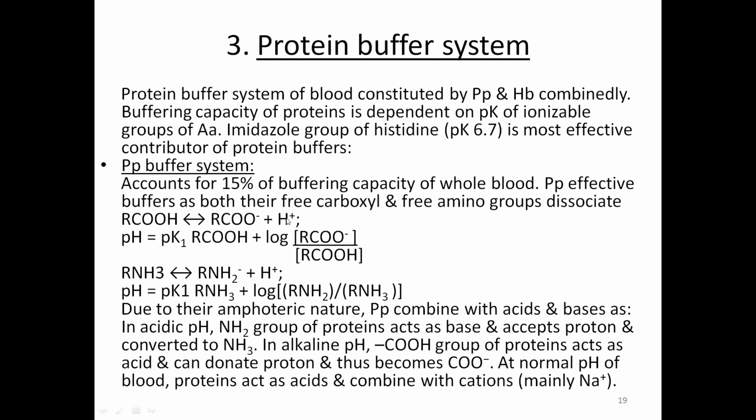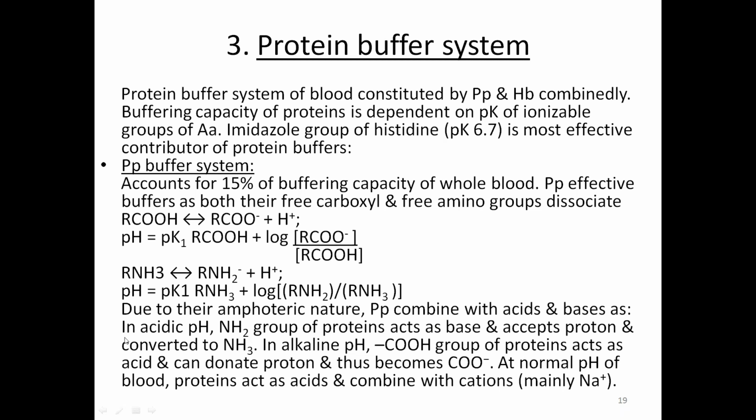dissociate. Again, this is the Henderson-Hasselbalch equation. So your NH3+ splits into NH2 and hydrogen ions, and then this is your pH. Now due to their amphoteric nature, the plasma proteins combine with acids and bases.